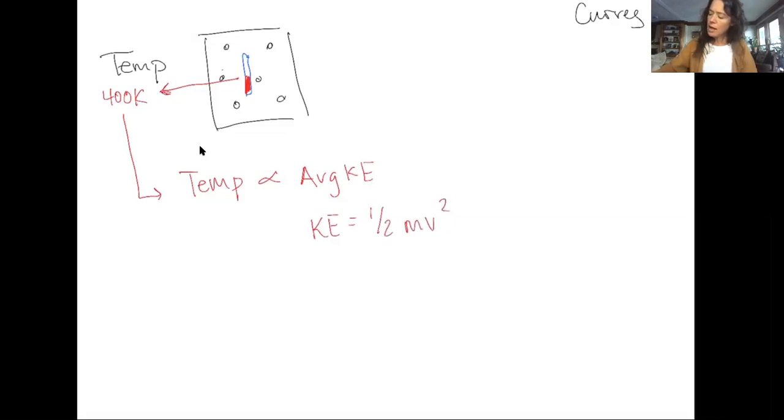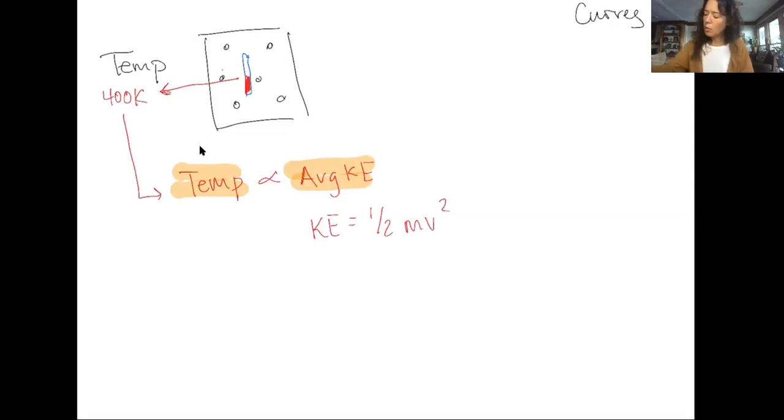So at a given temperature, the average kinetic energy of a substance is the same. So two different gases, or 5 different gases, at the same temperature have the same average kinetic energy.